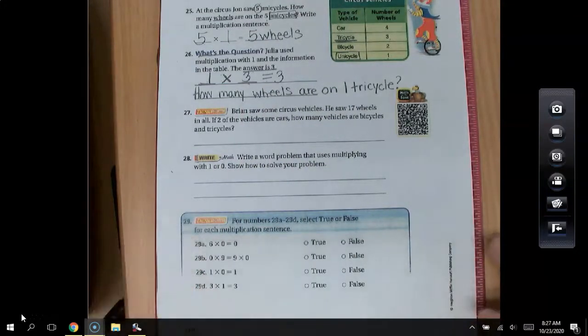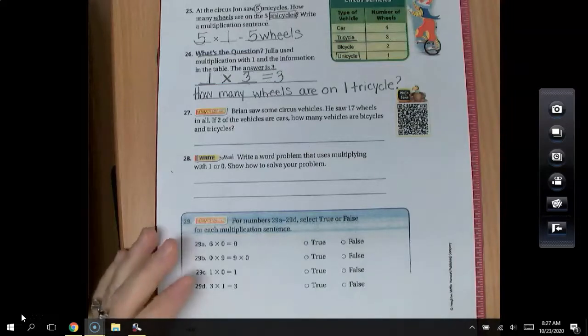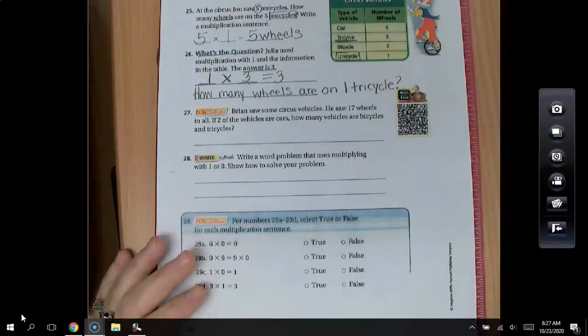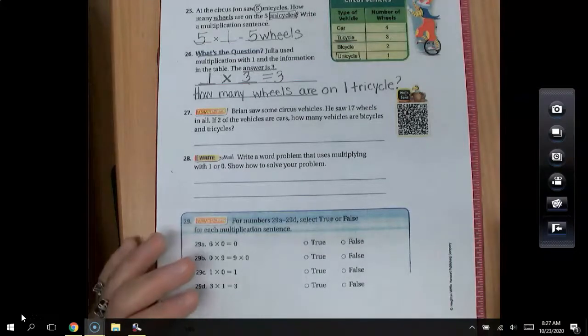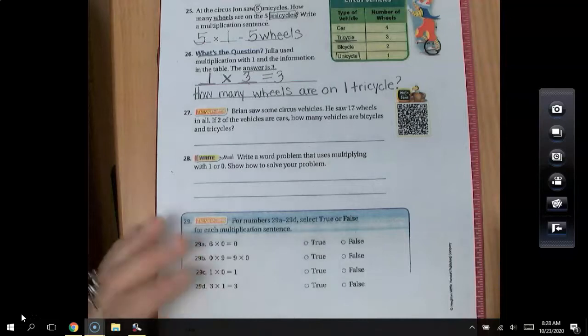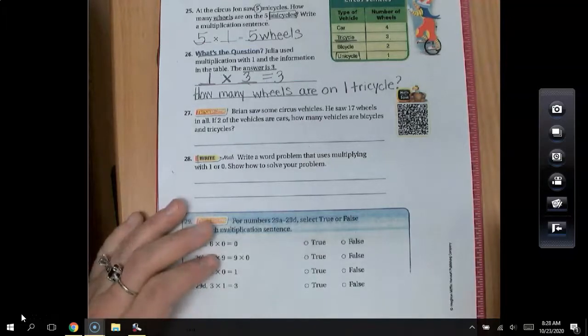All right, let's look at number 27. It says, Brian saw some circus vehicles. He saw 17 wheels in all. If 2 of the vehicles are cars, how many vehicles are bicycles and tricycles? Okay, so Brian saw some circus vehicles.